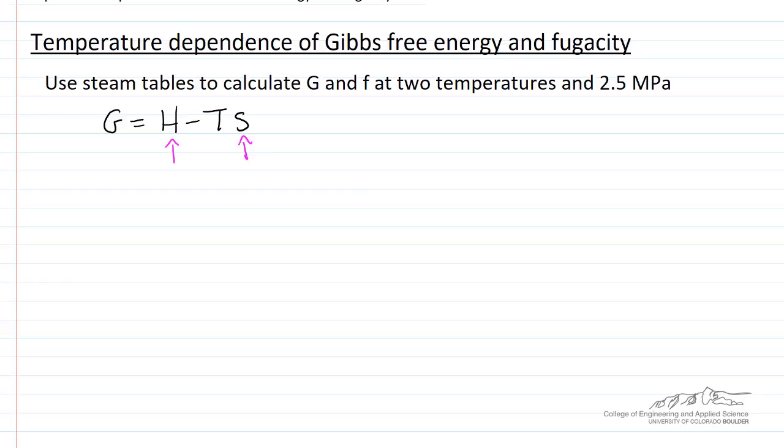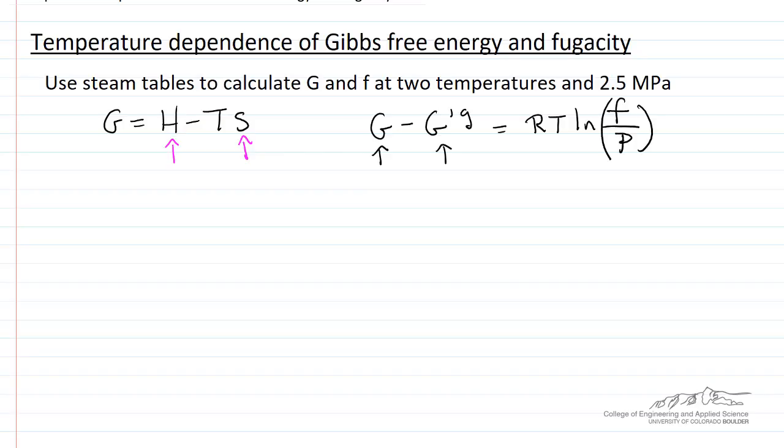We can then calculate the fugacity by looking at differences in Gibbs free energy. So this is the Gibbs free energy at the value you're interested in, minus the Gibbs free energy for the same temperature but at conditions where the molecule is an ideal gas, and that equals RT log fugacity over pressure.